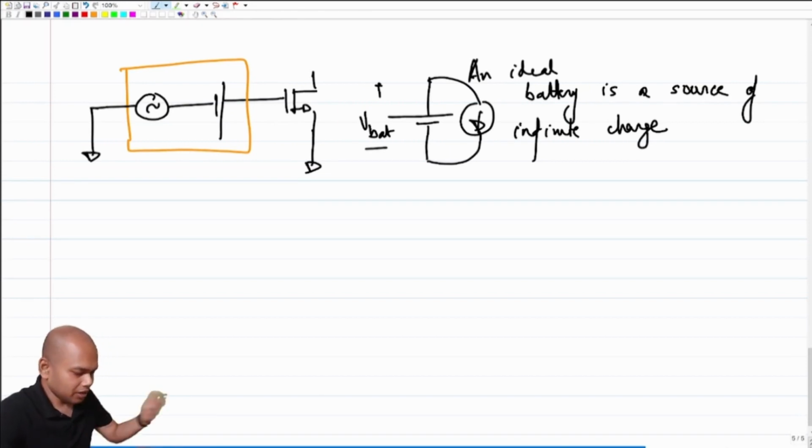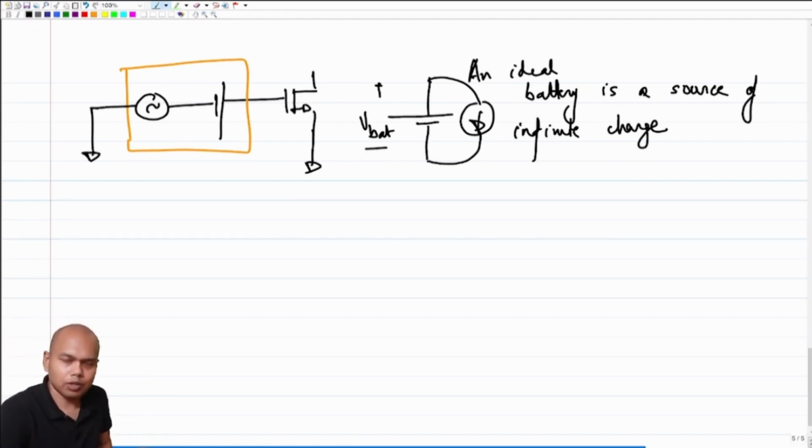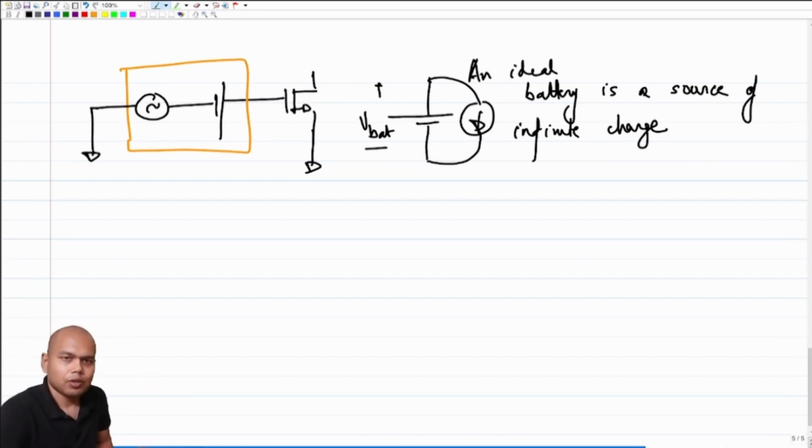So now, what is the equivalent analogy? Among the RLC elements that we know, which element corresponds closely to this behavior of a battery? You guessed it right. It's a capacitor, right?